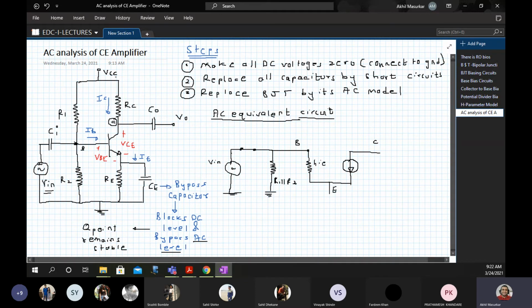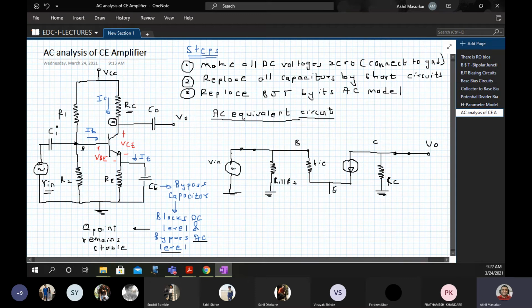So between collector and ground I have this RC. Again C0 is shorted, and here we have V0.